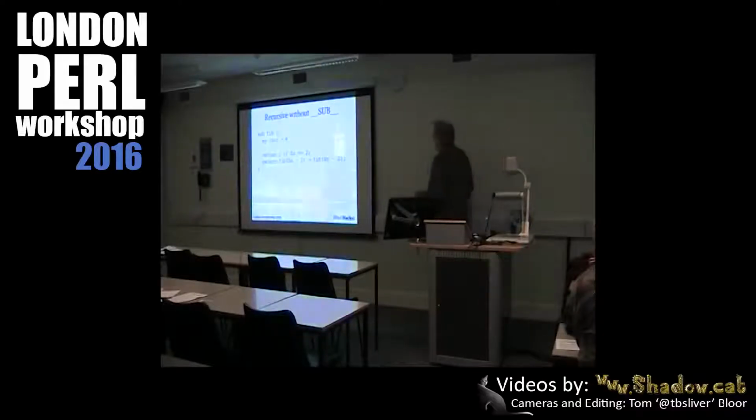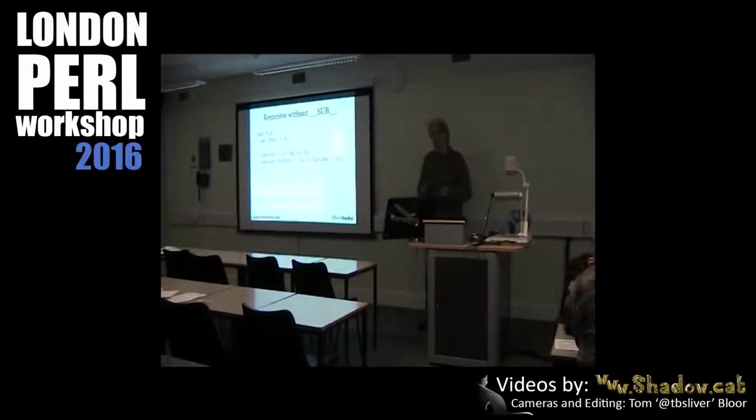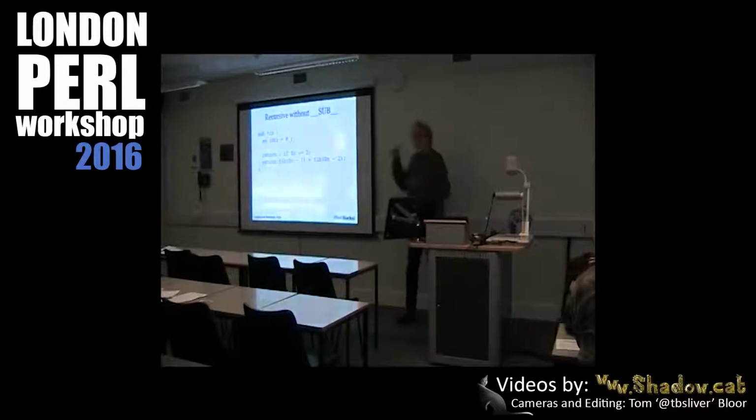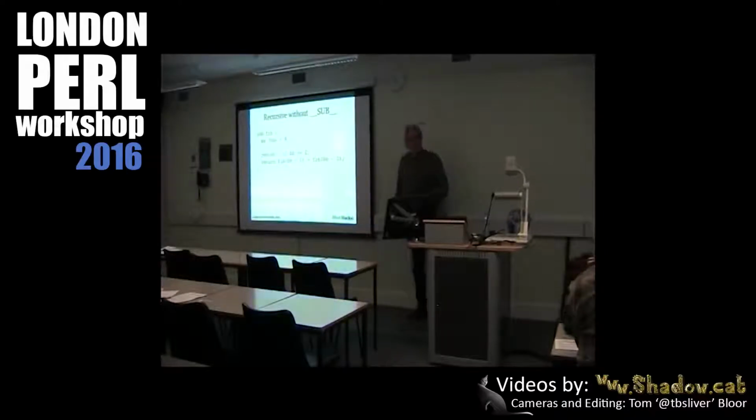So the problem is, and the problem's probably overstating the case a little bit, when you rename that routine, fib is a terrible name for a subroutine, it should be called fibonacci_number or something like that. Not only do you need to rename it there, but then you're going to forget to rename it here and here.